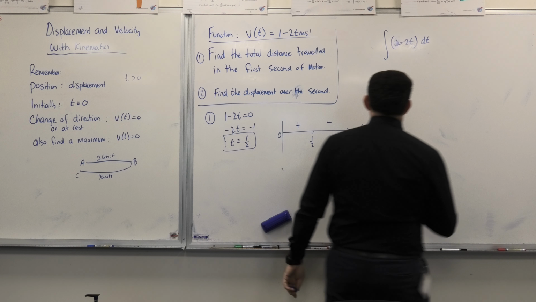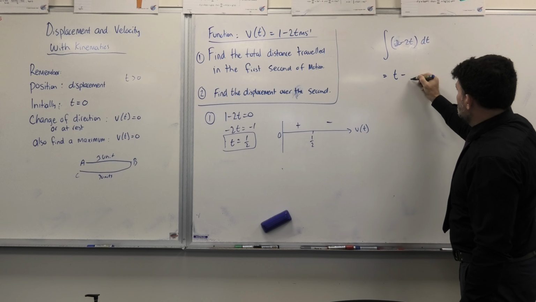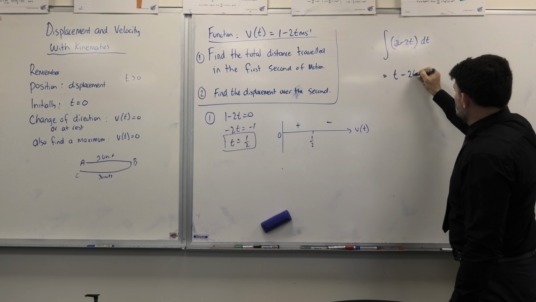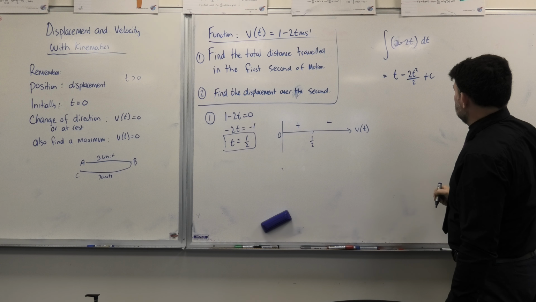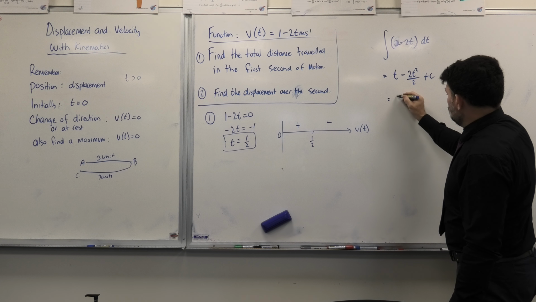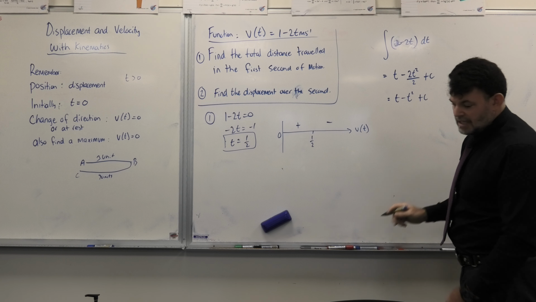So if we integrate this, we should get t minus 2t squared over 2, plus c, which is equal to t minus t squared plus c.